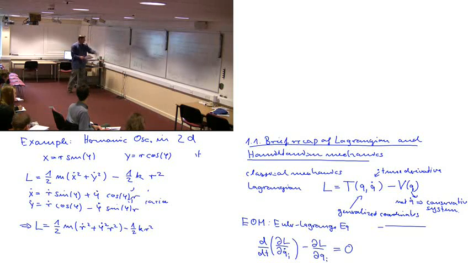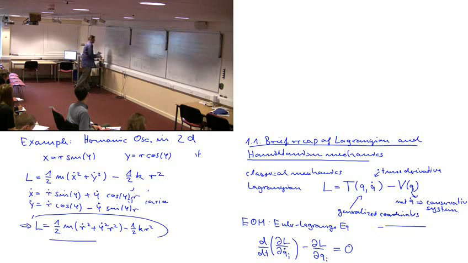What can we notice on this Lagrangian over here? Well, it does, for example, not explicitly depend on phi. It just depends on phi dot. So there's no direct dependence on phi. And this no direct dependence on phi is the fact that this system is rotationally invariant. You can rotate it, and it looks the same in all directions.